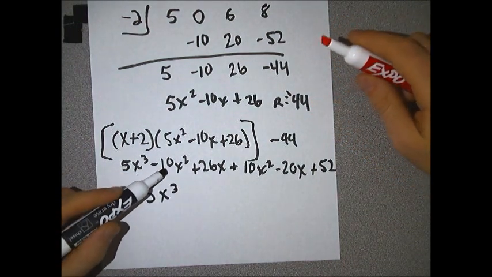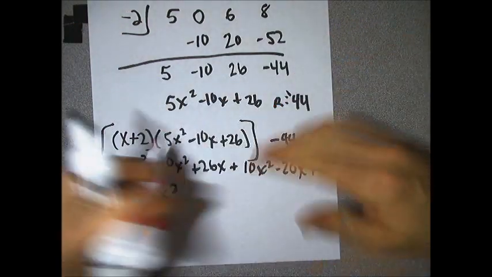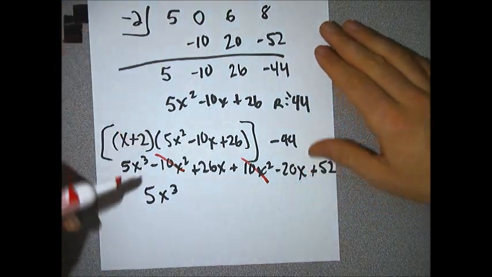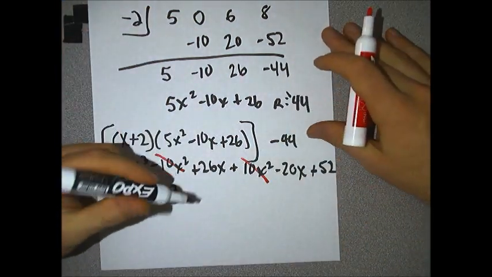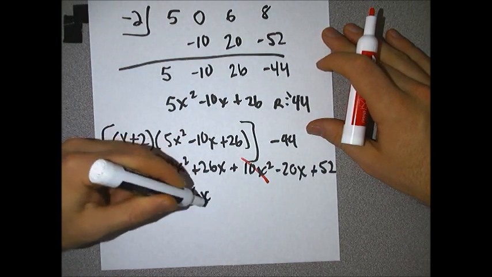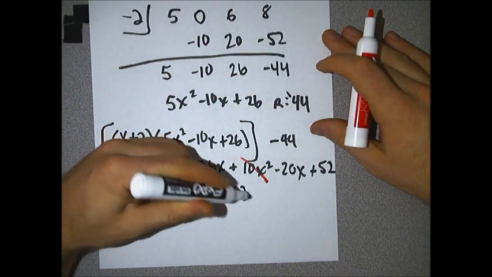What do we have? Negative 10x squared and positive 10x squared. So those go away, which is looking good because we didn't have a quadratic term in the first place. And then we have plus 26x minus 20x is plus 6x. And then what? Plus 52.